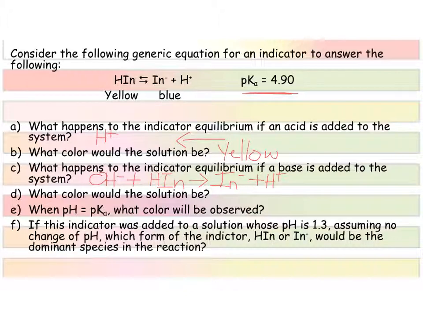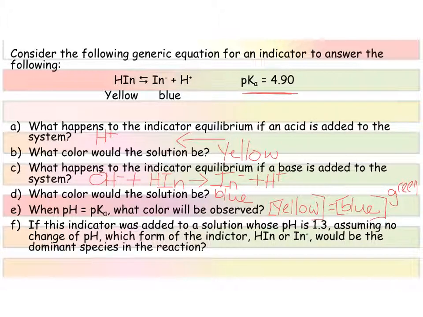So this means the color is shifting more towards the blue region, okay? When pH is equal to pKa, we know that the concentration of our acid, which is yellow, is equivalent to the concentration of our conjugate base, which is blue. And if you have equal parts yellow and blue, then you get the color green.